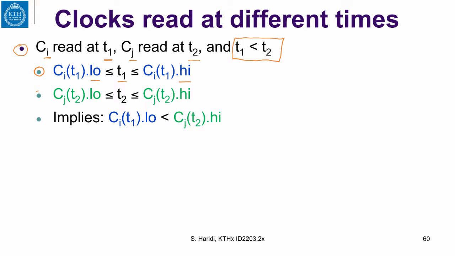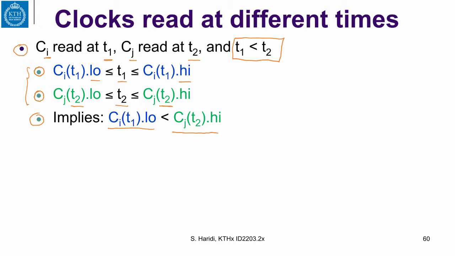And also the same for the second machine: the lower bound at time t2 is less or equal the higher bound at time t2 of the interval clock. In such a case, if t1 is less than t2, this implies that the lower bound of the first clock at time t1 is strictly less than the higher bound at time t2 of the second clock.